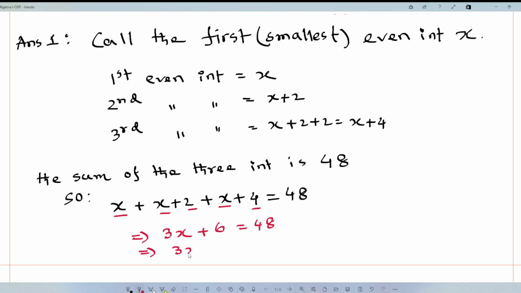Then 3x equals 48 minus 6. So here is 3x equals 42. If we divide both sides by 3, x equals 14. So our smallest integer is 14.